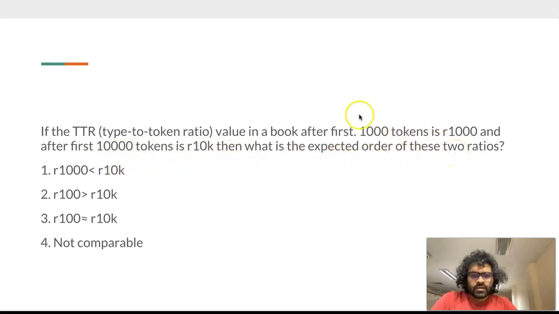So what is the TTR ratio till the first 1000 words, and what is the TTR ratio for the first 10,000 words, and what is the relation between them? Just think and write the answer.